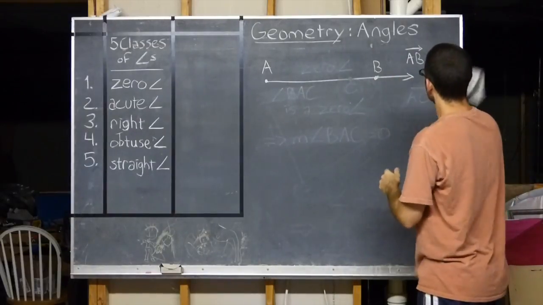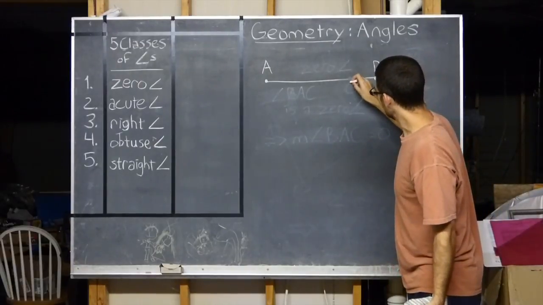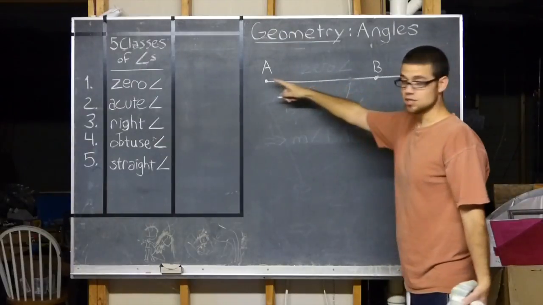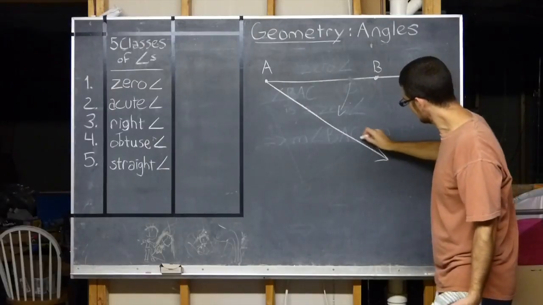Alright. As C moves away from this original ray, we could get an angle like this.